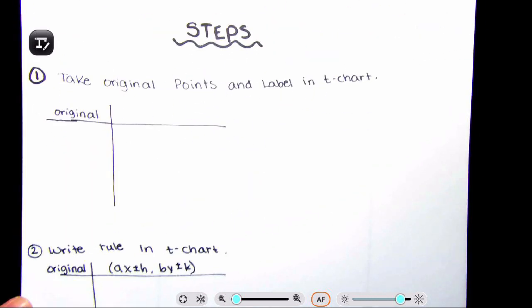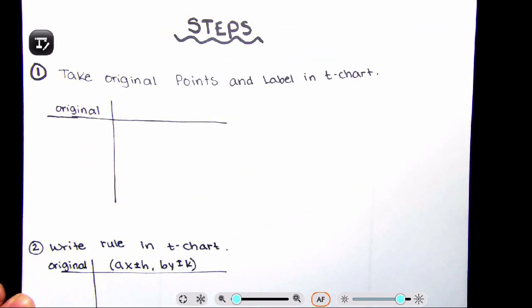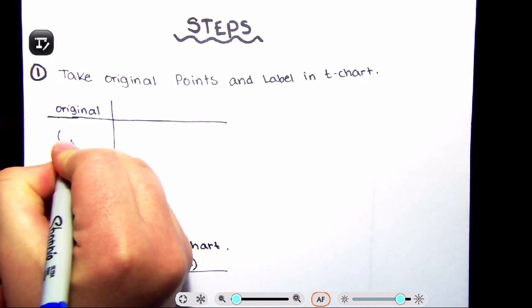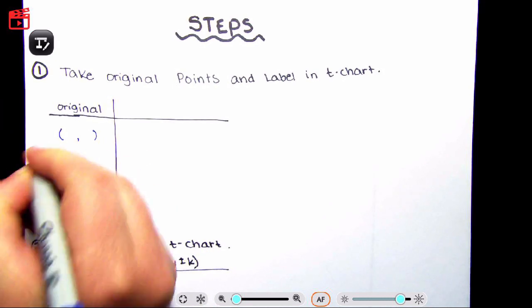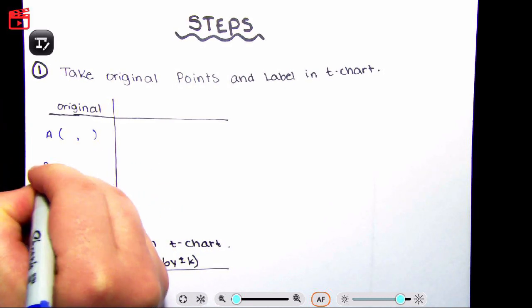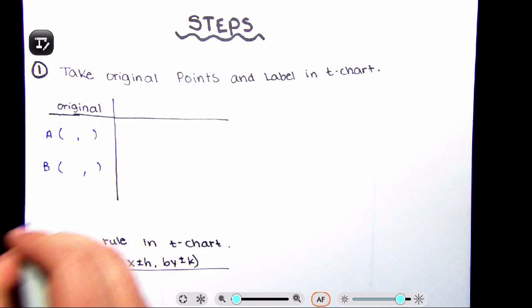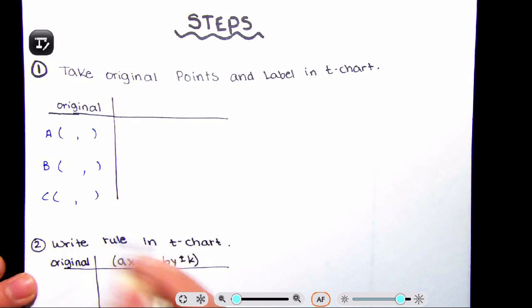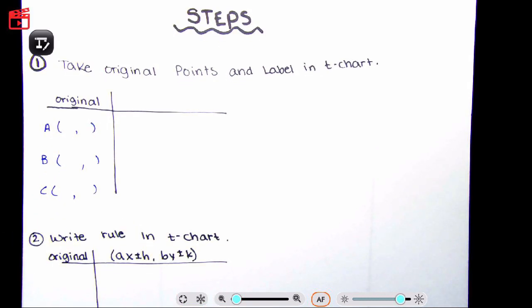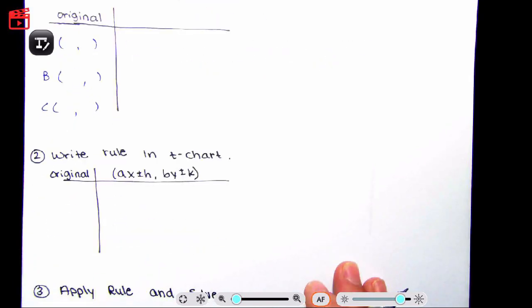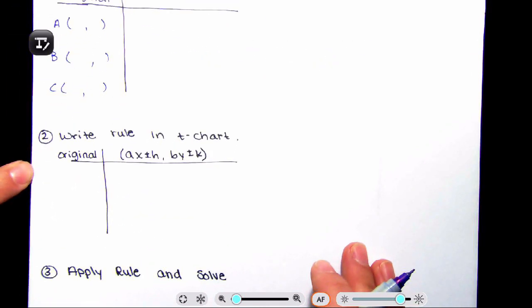So for step number 1, we're going to take the original points and label them. For example, let's say we have our original points here, and you're going to label your X and your Y. So let's say we have A, B, and whatever number those are, C. Once you have labeled your original points and identified what those points are, you're going to write those in a T-chart.